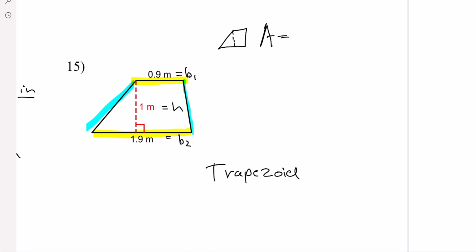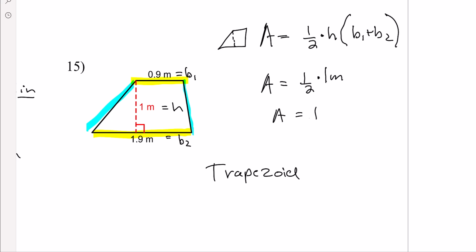So the area of a trapezoid is 1/2 times the height, times the 2 bases added together. Let's go ahead and try it. It's 1/2. The height is 1 meter. Well, 1/2 of 1 is 1/2 meters.